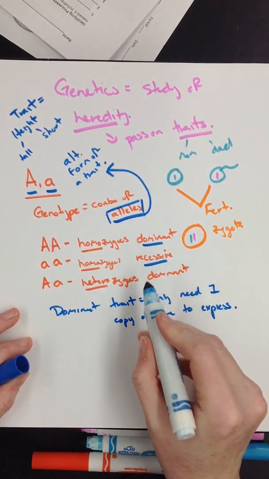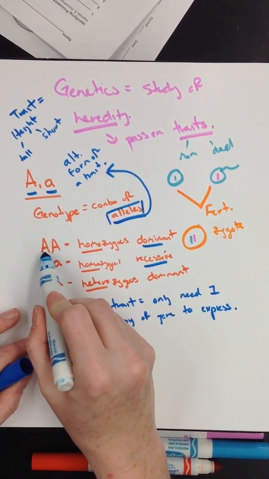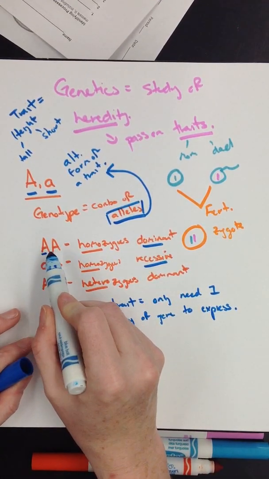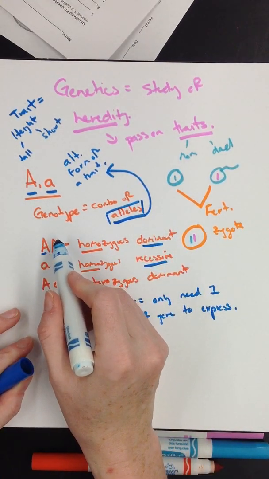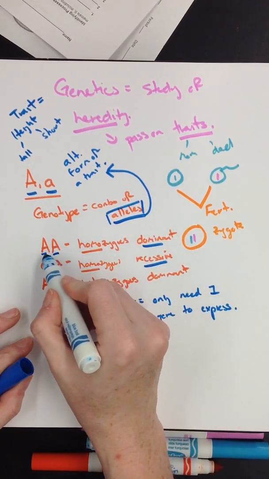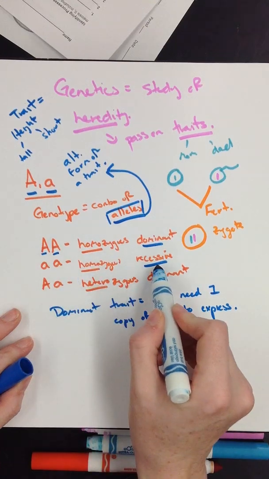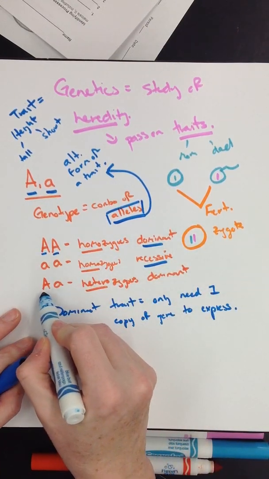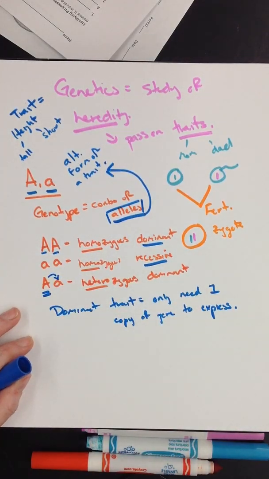And so if we're talking about height, if I get a big letter, because that's what we're going to use for dominant, from one of my parents, then I'm going to show that trait regardless. So that's why this is dominant, because I have two big letters. That means I'm going to show the trait. This guy doesn't have any big letters, so he's going to show the recessive trait. This guy, because he has one big one, that guy is going to overshadow him, and I'm still going to express it.